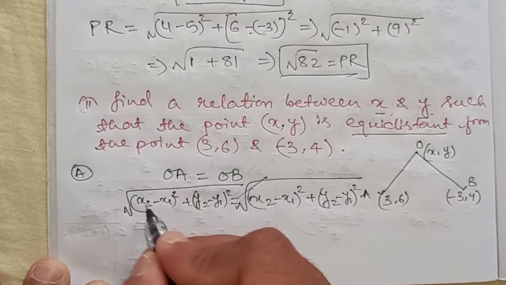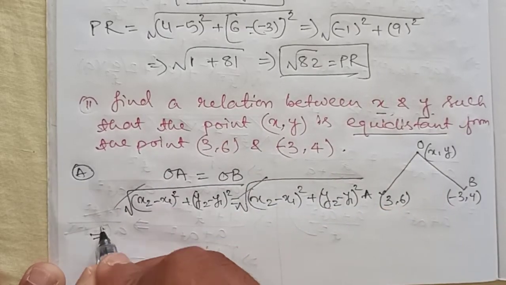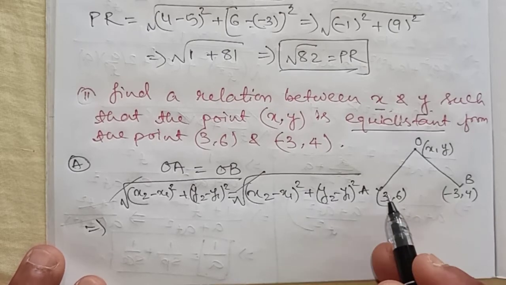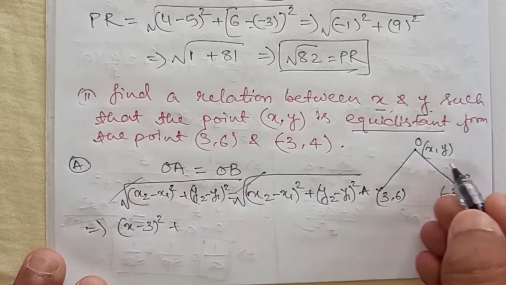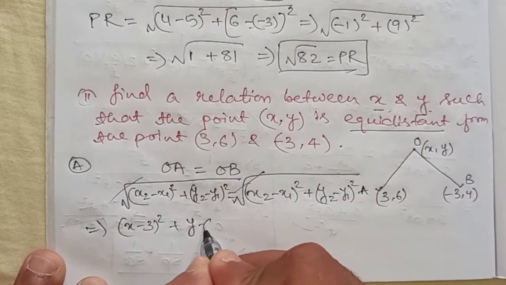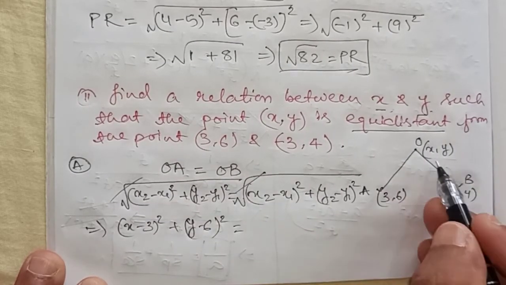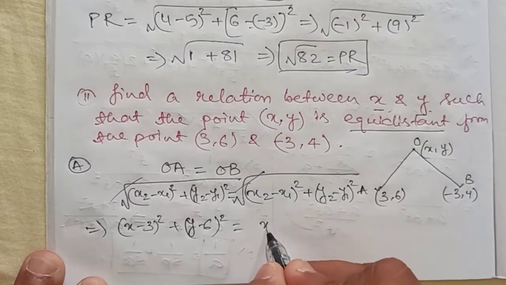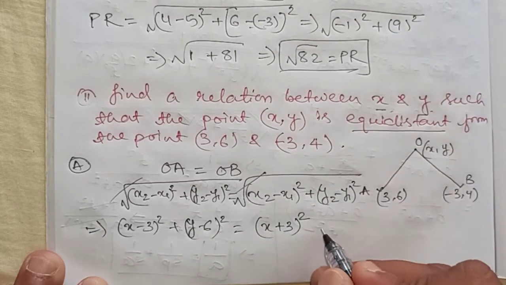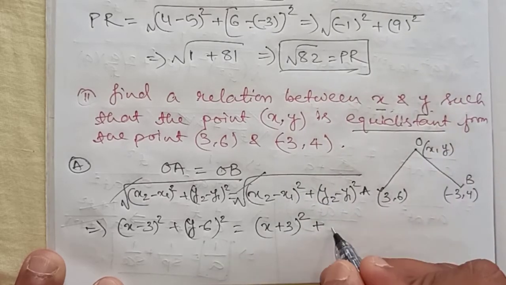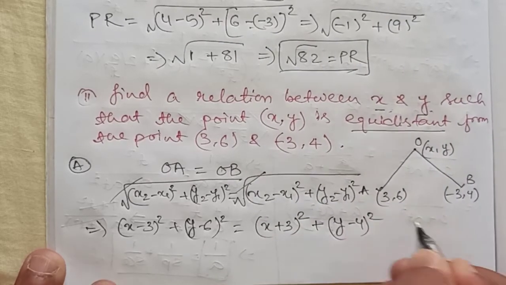Both the square roots will be cancelled. x2 minus x1 is x minus 3, whole square, plus (y minus 6) whole square, equals (x minus (minus 3), that is x plus 3) whole square plus, directly I am writing, (y minus 4) whole square.